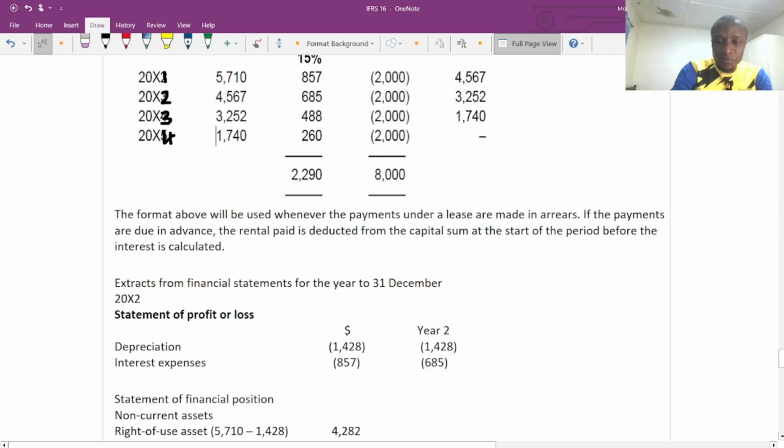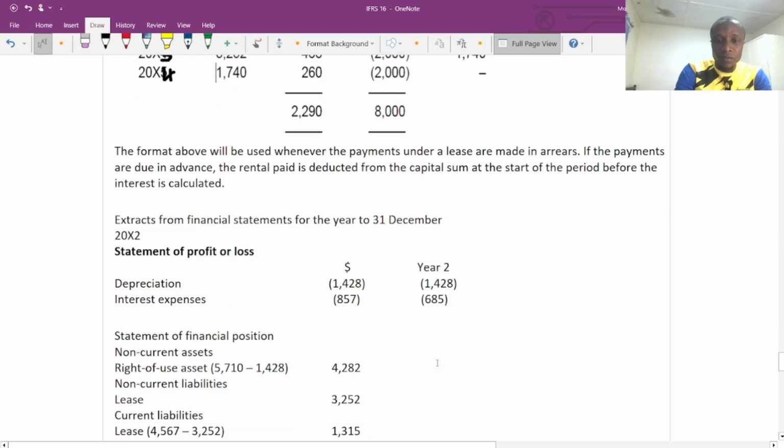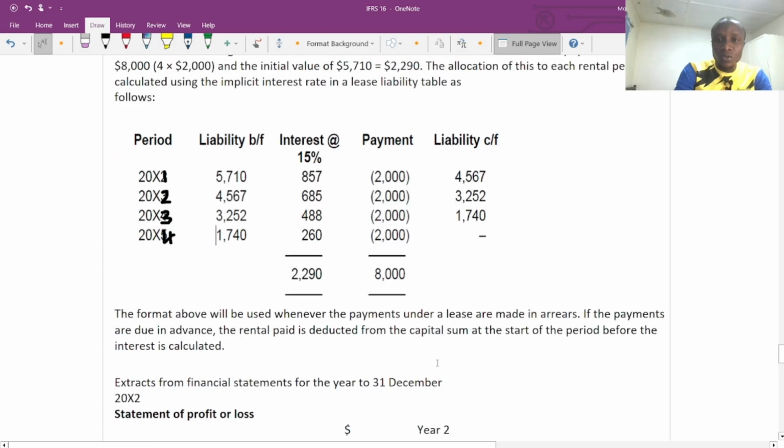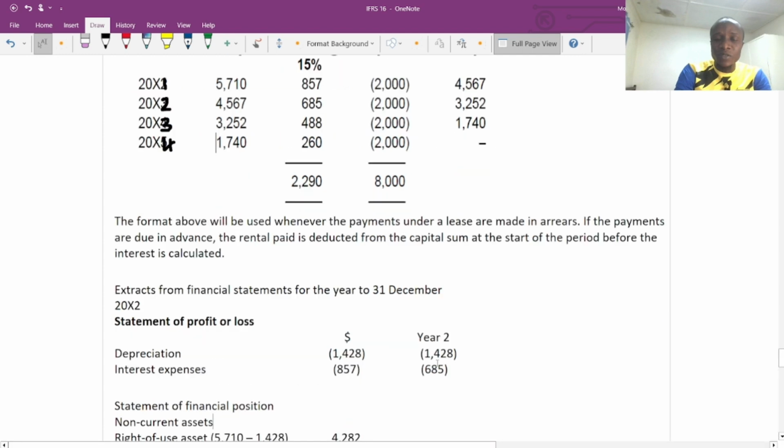For year two, the total liability is 3252, but the year three liability is 1740. So the difference between year two and year three will be the current liability.